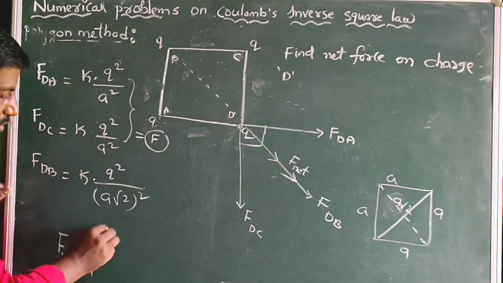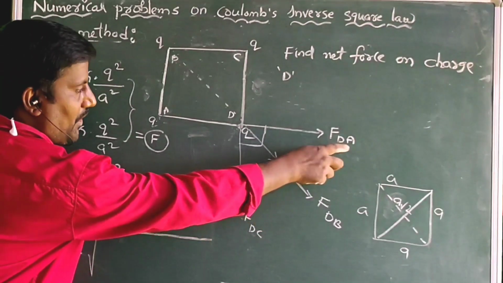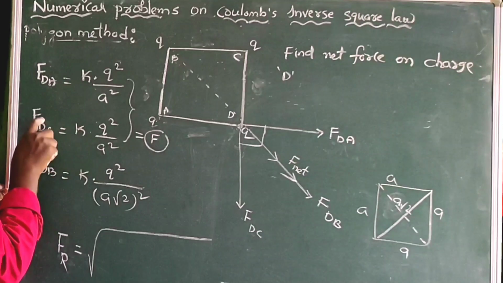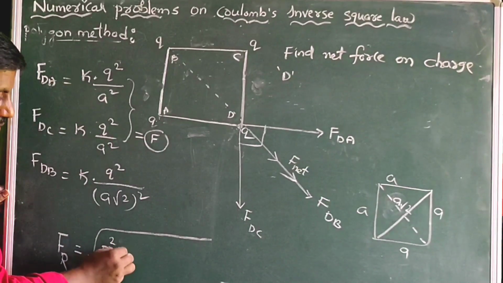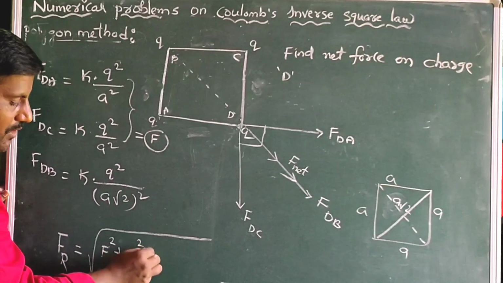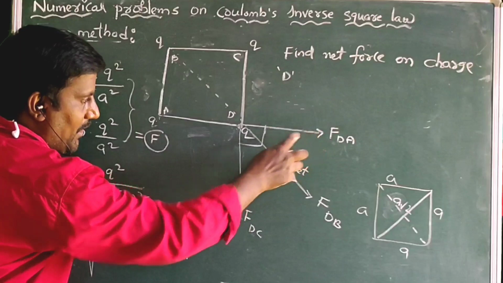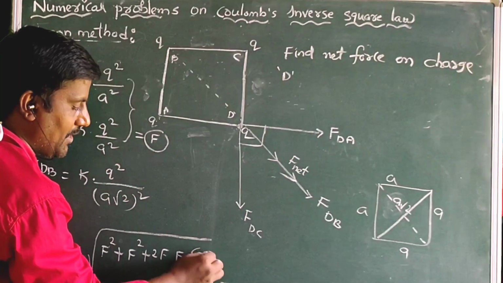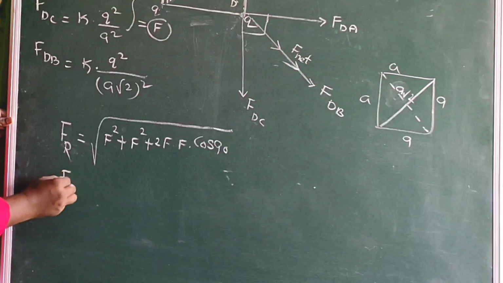So FR is equal to the square root of FDC square plus FDA square plus 2 FDC into FDA into cos of the angle between them. FDC is equal to FDA, which I consider F. The angle between them is 90 degrees, and cos 90 is 0.